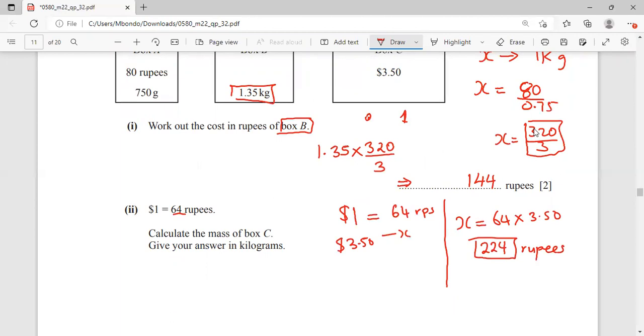Now we are supposed to give your answer in kilograms. So we ought to divide this amount by this one, because we know that a kilogram is equal to 320 over 3 rupees. So that is what we are going to do. I hope that is clear there.